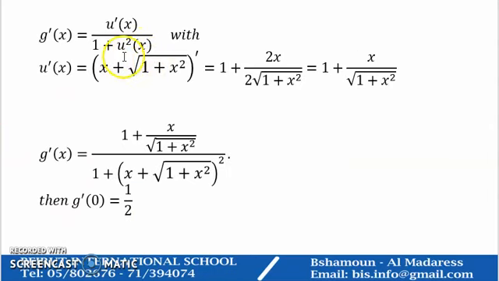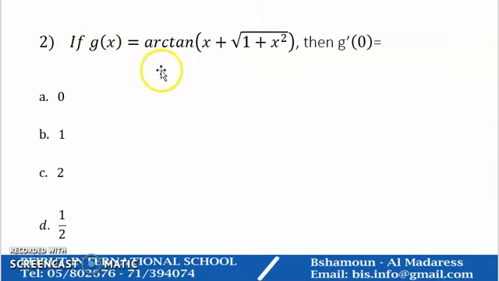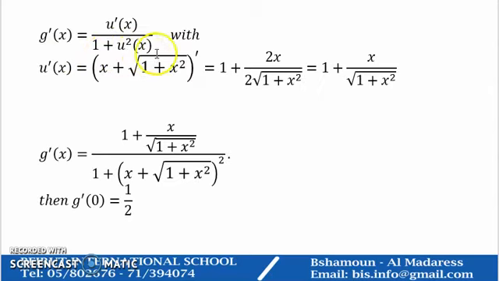Now, first of all, we remember that g prime of x equals u prime over 1 plus u squared, which is the derivative of arctangent of u. Now, u prime equals the derivative of x plus the radical of 1 plus x squared, which is 1 plus 2x. We know that the derivative of the radical of u is u prime over 2 radical u.